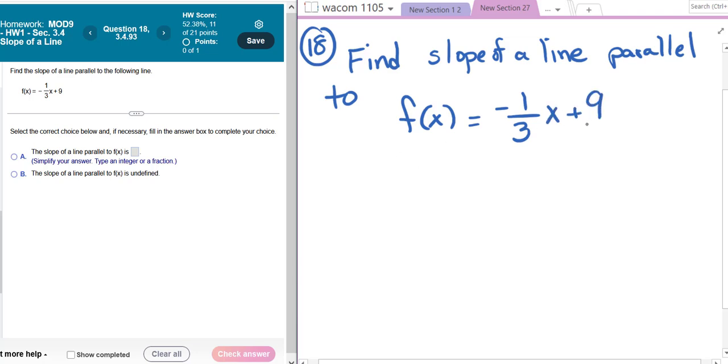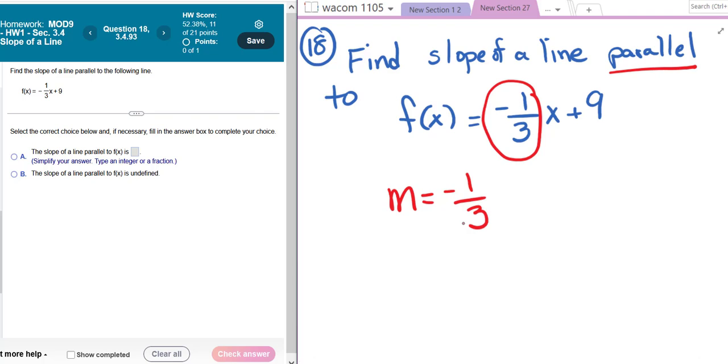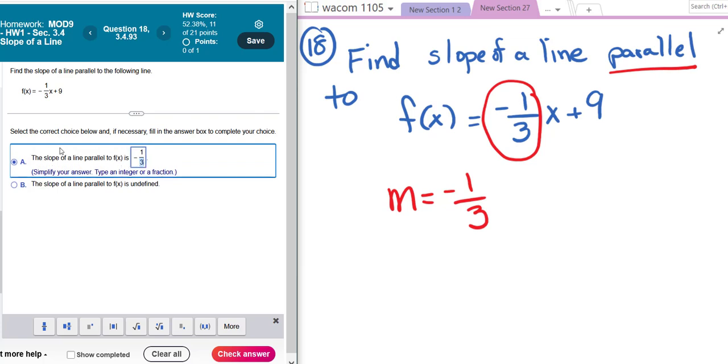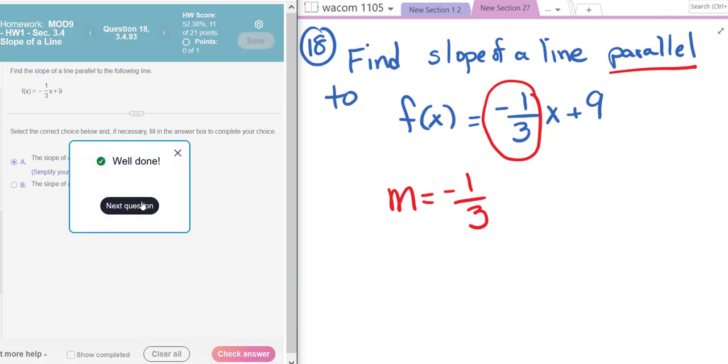So this one is in the proper form, y equals mx plus b. If it's going to be parallel, then our slope would have to be the same. So we want our slope to be negative 1/3. That would be the slope of a line parallel. And if they'd said perpendicular, we would have had to take the opposite sign and flip it over. But they said parallel.